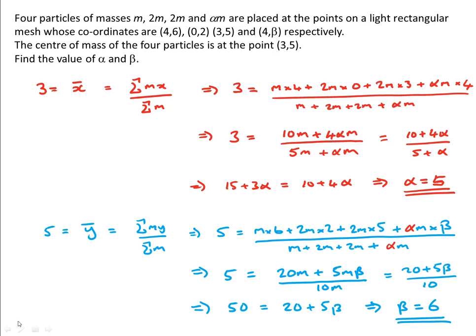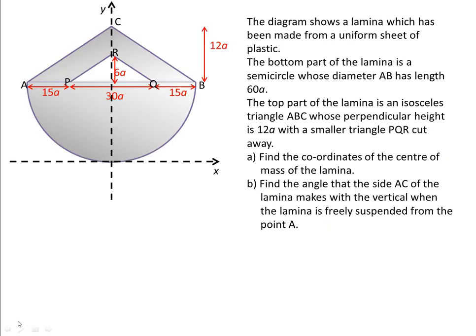Moving on to our second example, the diagram shows a laminar which has been made from a uniform sheet of plastic. The bottom part of the laminar is a semicircle whose diameter AB has length 60a.